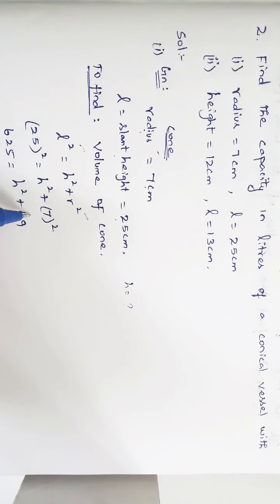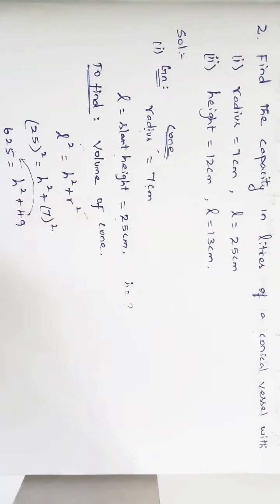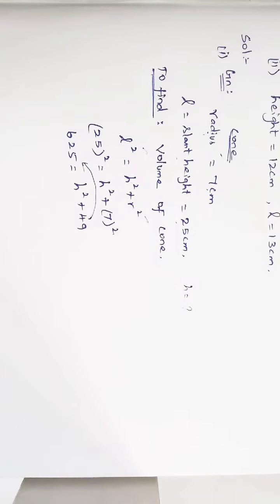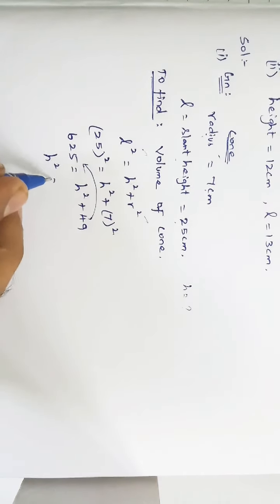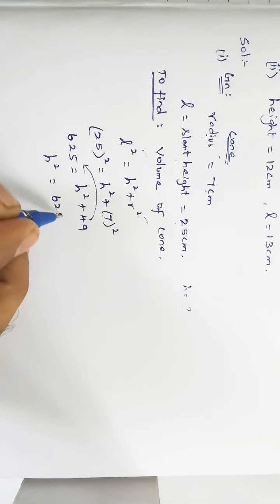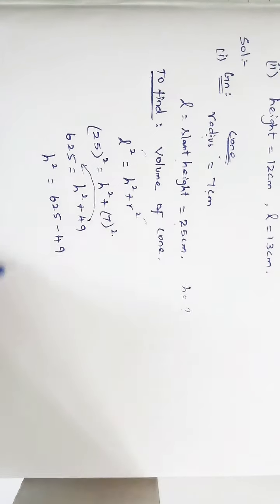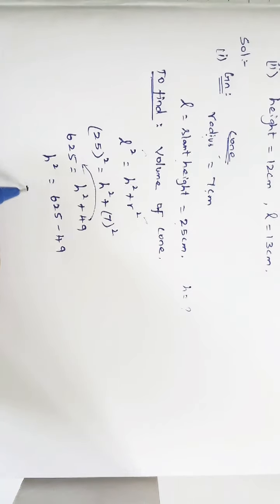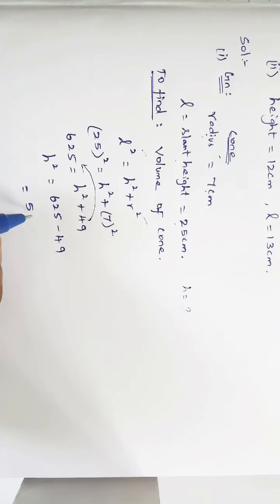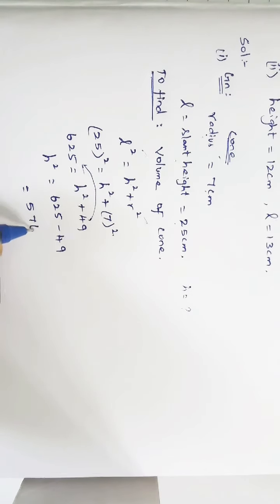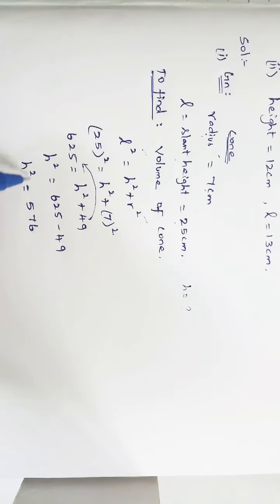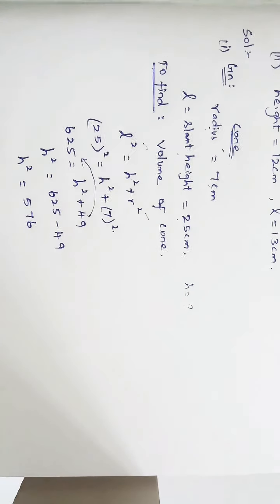Just bring the 49 to the LHS. Plus 49 will become minus 49. So h square is equal to 625 minus 49, right? 625 minus 49 is equal to 576. So h square is equal to 576.